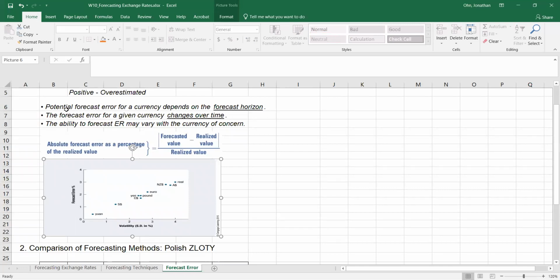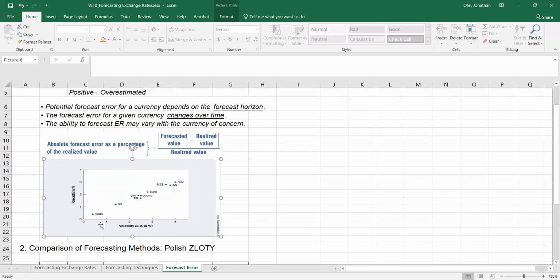I told you, right? Forecast horizon: a longer forecast horizon gives you higher volatility, and forecast error will be higher. Or it differs by currency. Now look at this one here. Pound, yen, euro, they are here. But the New Zealand dollar and the real, they are higher.